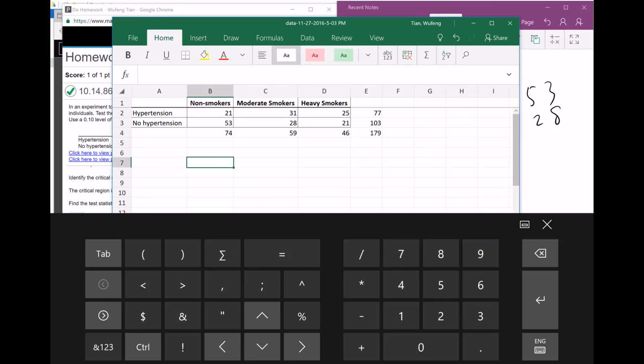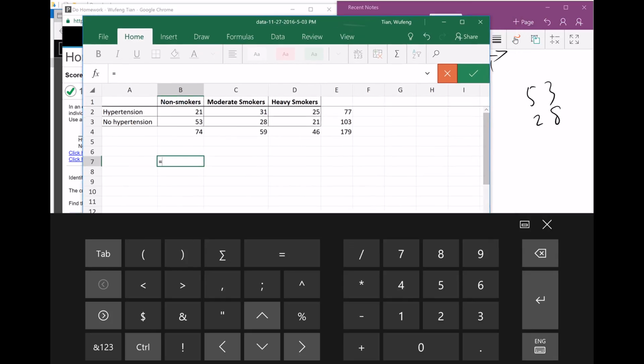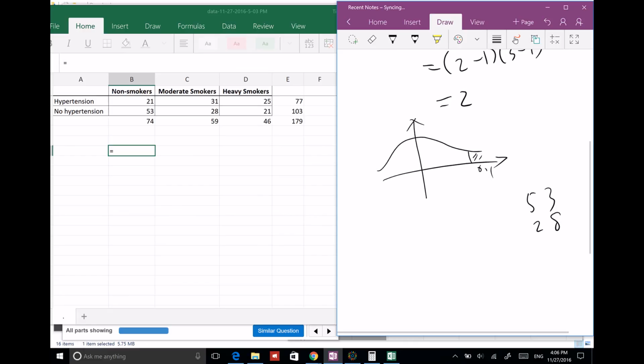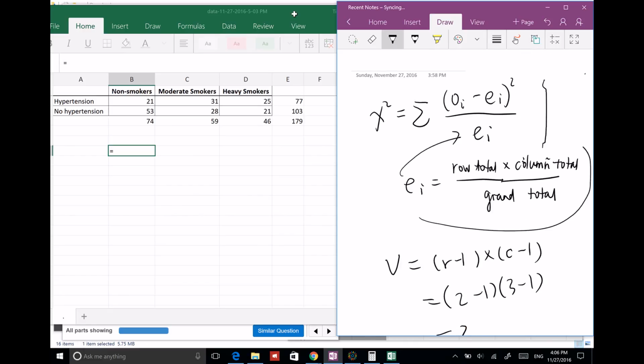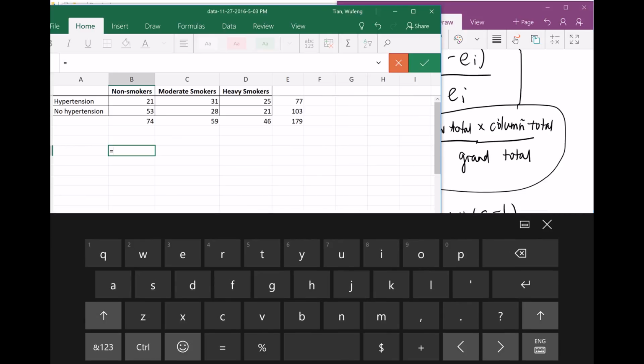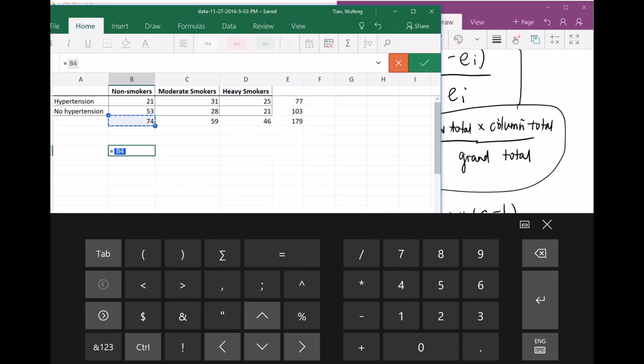Next I need to find the expected value, the EI. EI is row total times column total divided by grand total. So right here I can use equals column total multiplied by row total divided by grand total.